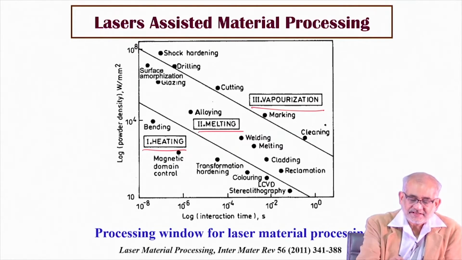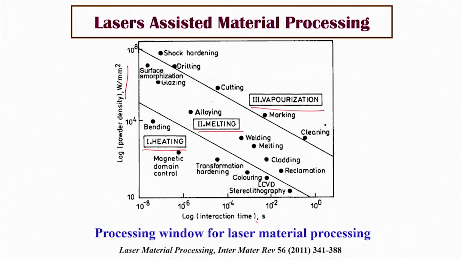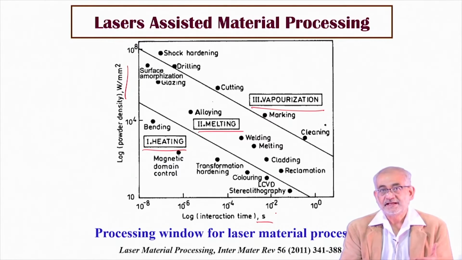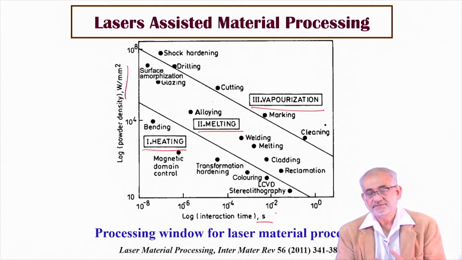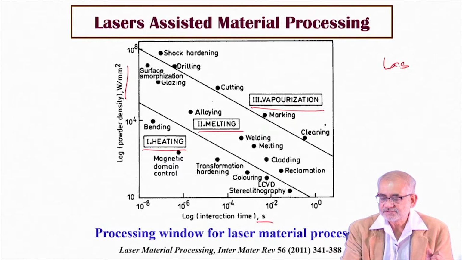On the Y axis we have power density, watt per millimeter square, and on the X axis we simply have interaction time. Now I think I should have mentioned that in the way we generate laser and extract laser and then make use of it, there are two possibilities. Typically laser is applied for material processing in either of two forms.